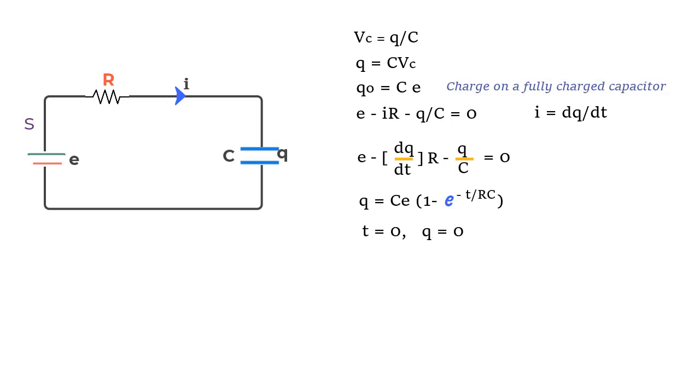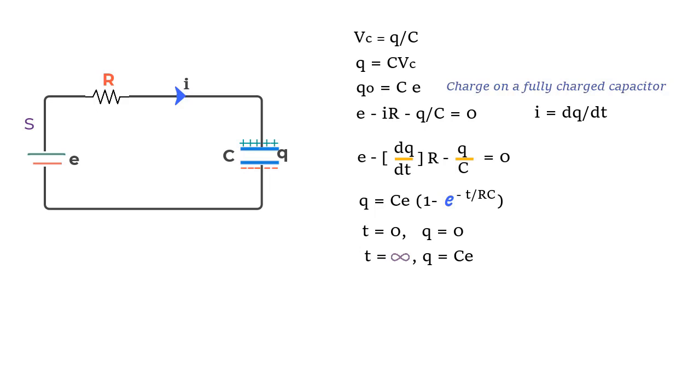And as t increases to infinity, or say a long time later, this term becomes 0, and we get the value of charge on the plate as C times the EMF, which is again true since after a long time the capacitor gets fully charged, and at full charge the Q value is C times the battery EMF.